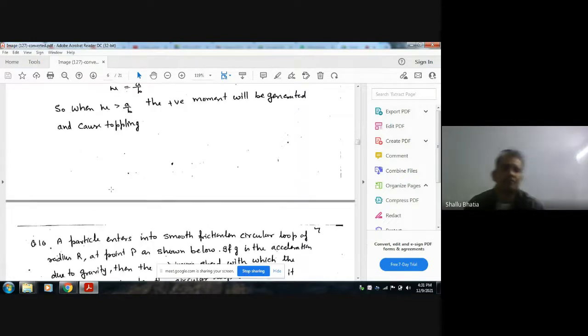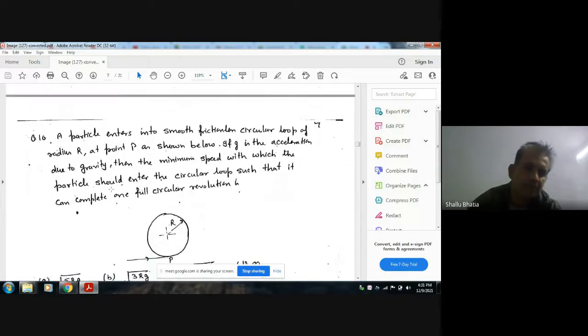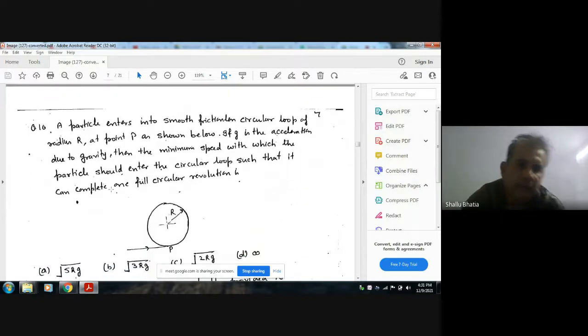Okay. Next, a particle enters into a smooth frictionless circular loop of radius r at point P as shown below. If g is the acceleration due to gravity, then the minimum speed with which the particle should enter the circular loop such that it can complete one full circular revolution.